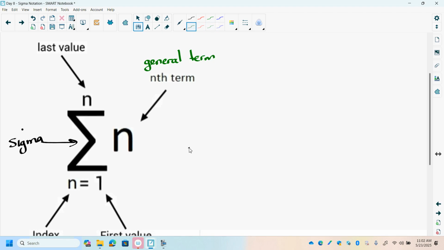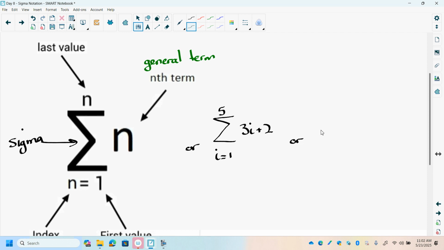So you may see something that looks like this. It might go from i equals 1 to perhaps 5, and maybe you have the general term 3 times i plus 2, something like that. Okay?